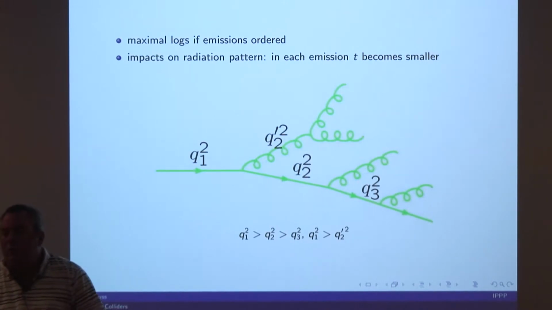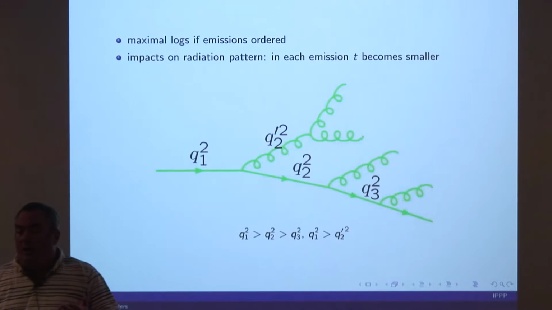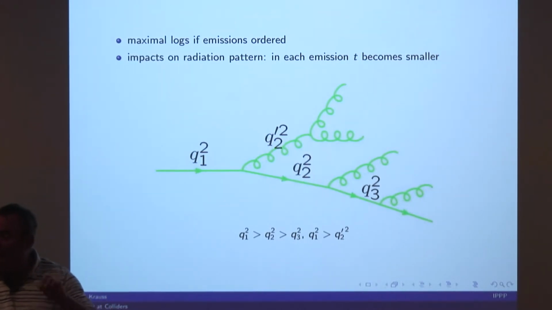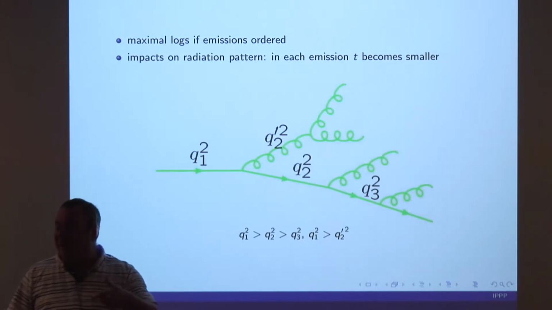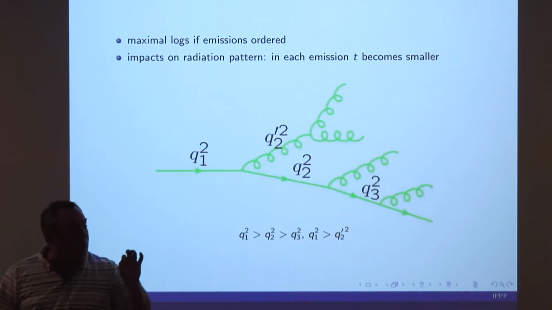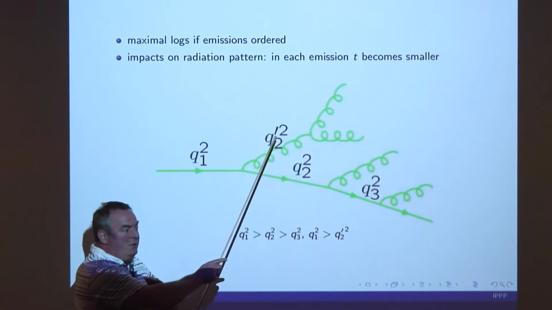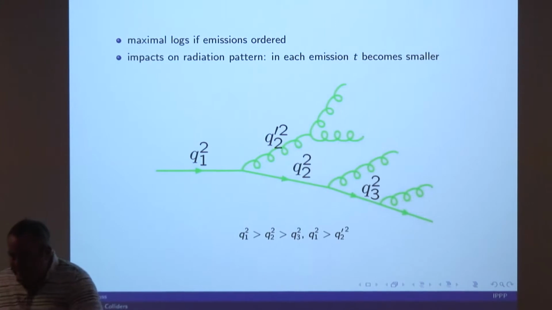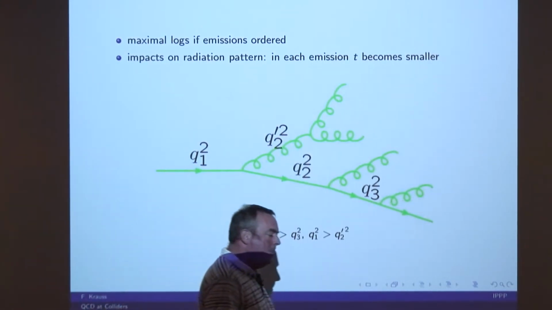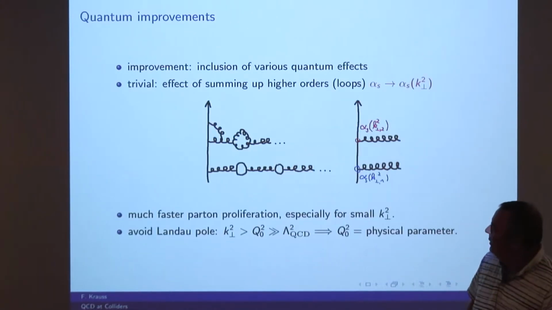If you wanted to do something like soft gluon resummation a la BFKL, you would have to order in soft gluon energies, because you want to have the logarithms in the energies. Here we want to have the logarithms in transverse momenta. That's why we order in transverse momenta, and this gives you the maximal logs. Okay.